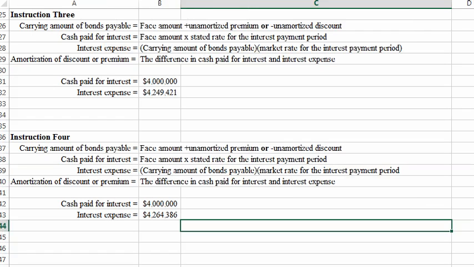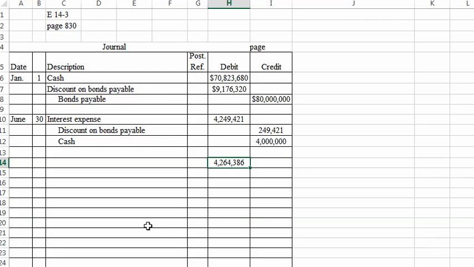Just want to make sure I don't make a mistake there. Okay, now this is on December 31. A debit to interest expense for that amount.